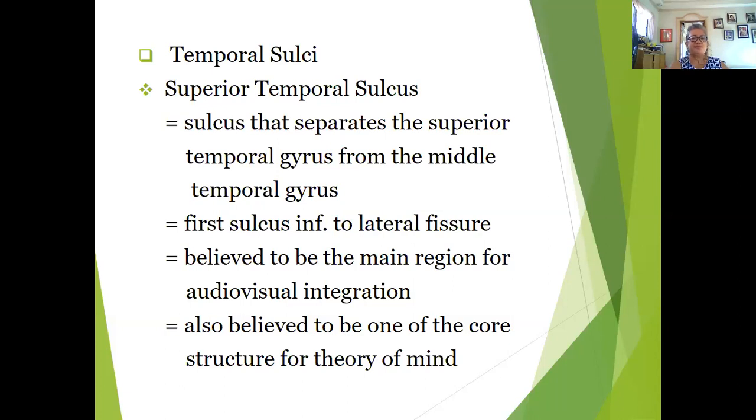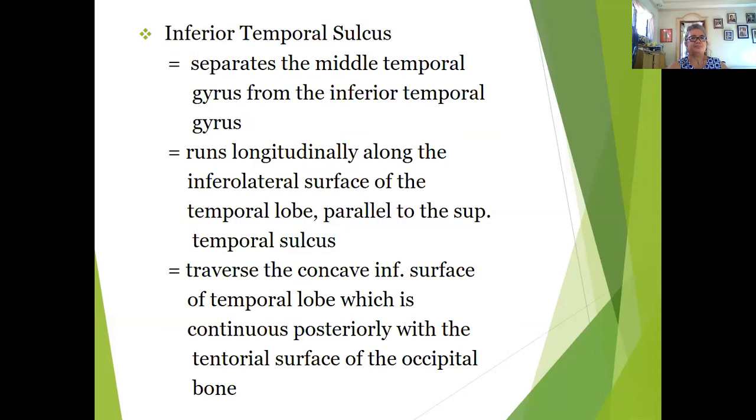And this will be the first sulcus inferior to the lateral fissure of Sylvius, and believed to be the main region for audio-visual integration, and also believed to be one of the core structures for theory of mind.